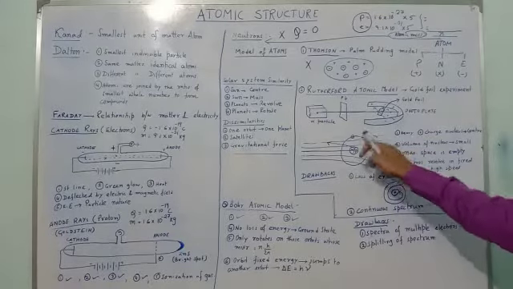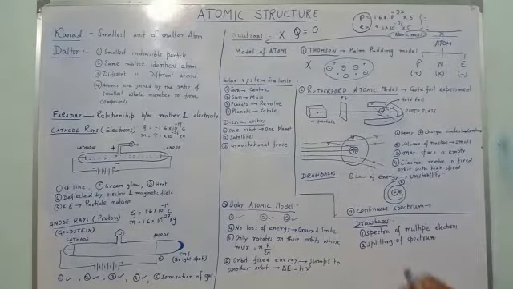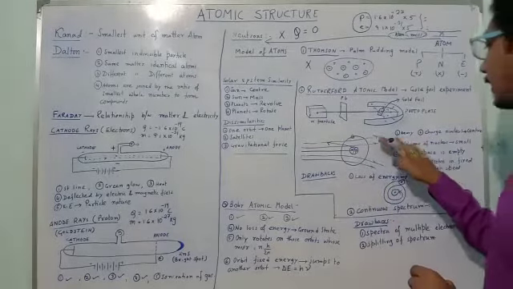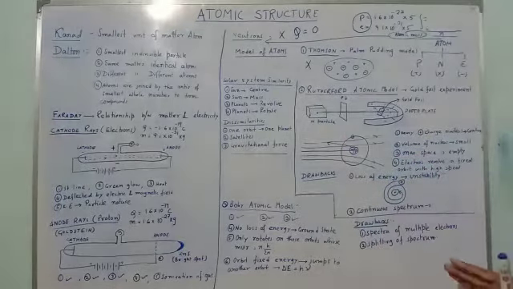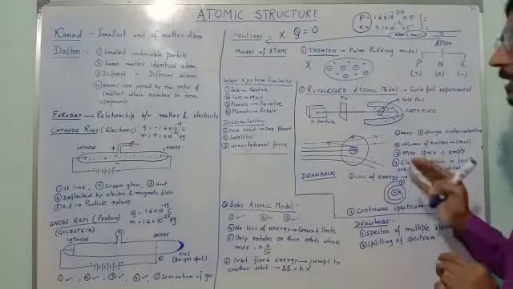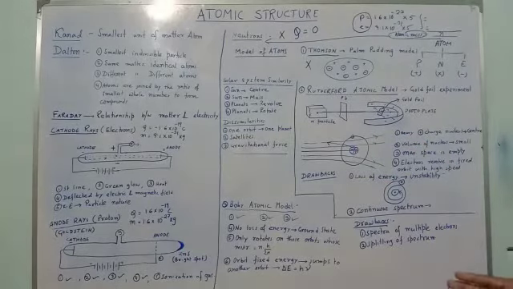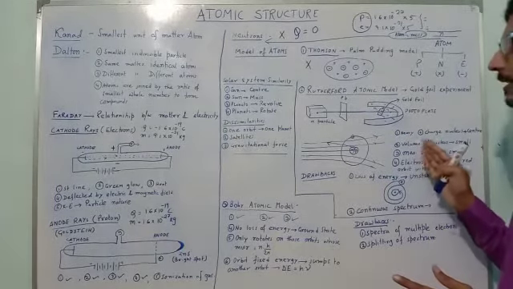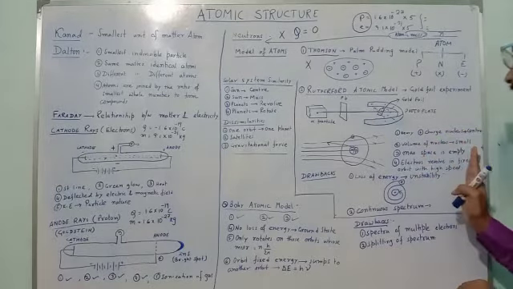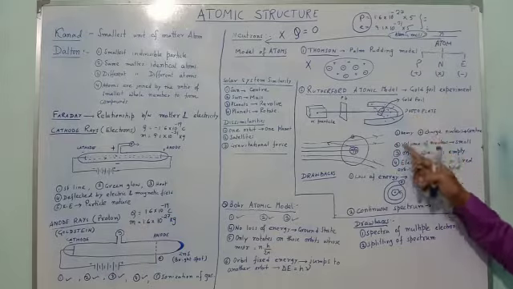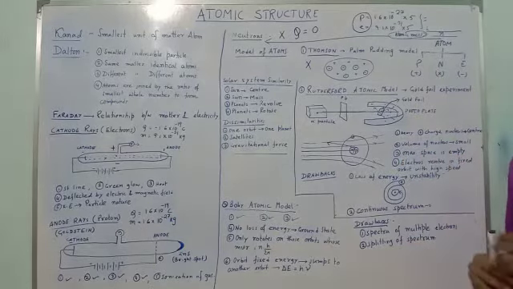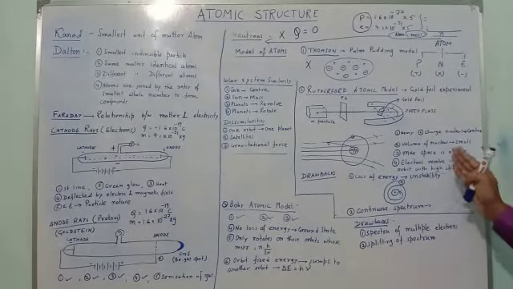Number 1 conclusion from the Rutherford gold foil experiment is that the center of an atom is very, very heavy in nature, and the center is called the nucleus of the atom. Number 2, with respect to the nucleus, the rest of the atom is empty.